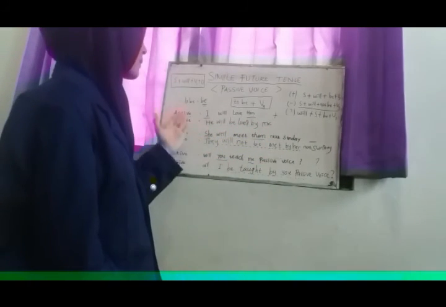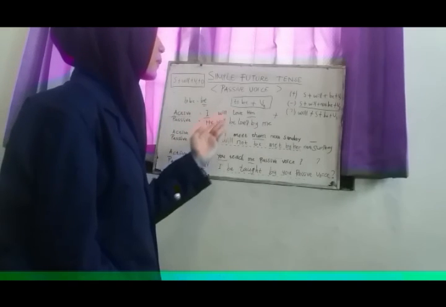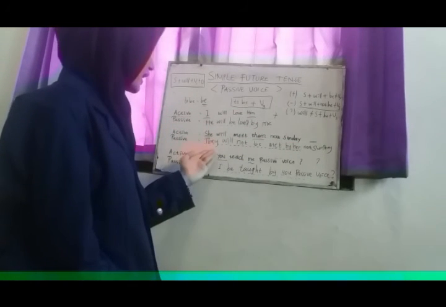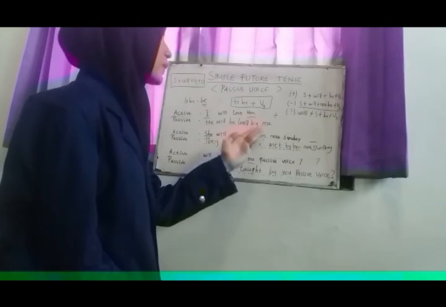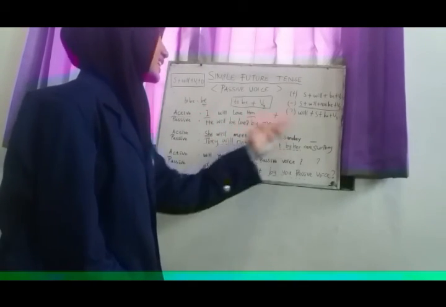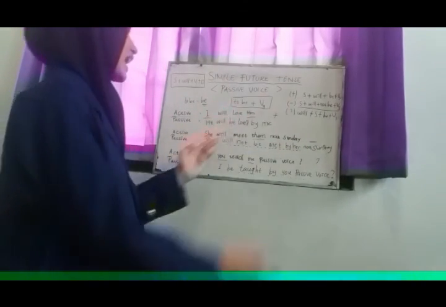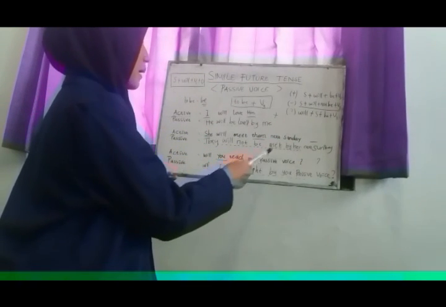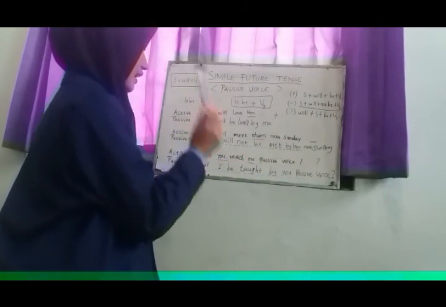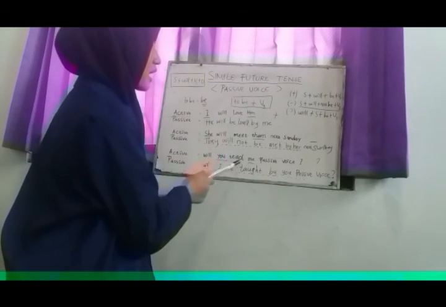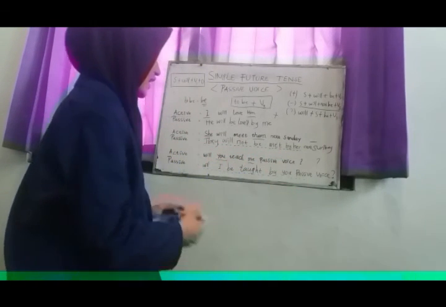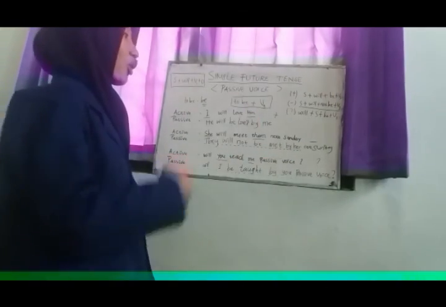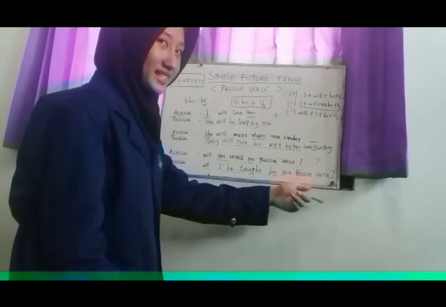In bahasa, dia perempuan akan bertemu mereka minggu depan. And in passive, mereka tidak akan bertemu dengan dia perempuan minggu depan. And the last sentence, in interrogative sentence, will you teach me passive voice? In bahasa, akankah kamu mengajari saya passive voice? In bahasa, akankah saya diajari oleh kamu passive voice?